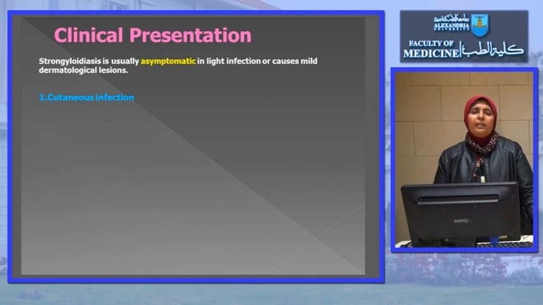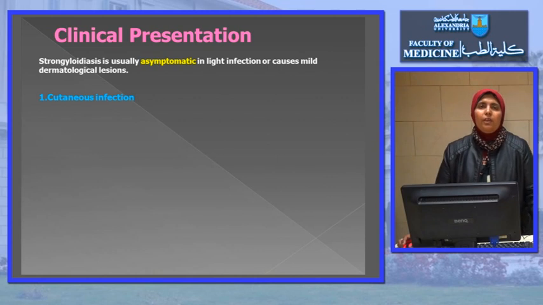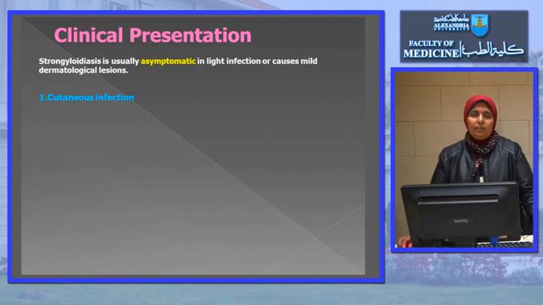This is followed by the entrance of the larvae into the circulation to reach the lungs, and this is the transient migratory pulmonary phase. And then finally it would reach the intestine, and this is the final stage. So we are speaking about 3 stages: the preliminary cutaneous invading stage, followed by the transient migratory pulmonary stage, again of the filariform larvae, then the stage of maturation in the intestine.